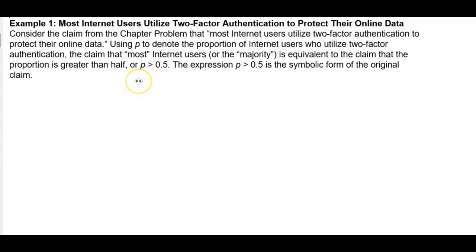Using the letter P to denote the proportion of internet users who utilize two-factor authentication, the claim that most internet users, or the majority, is equivalent to the claim that the proportion is greater than half, or that P is greater than 0.5. So the expression P is greater than 0.5 is the symbolic form of the original claim.